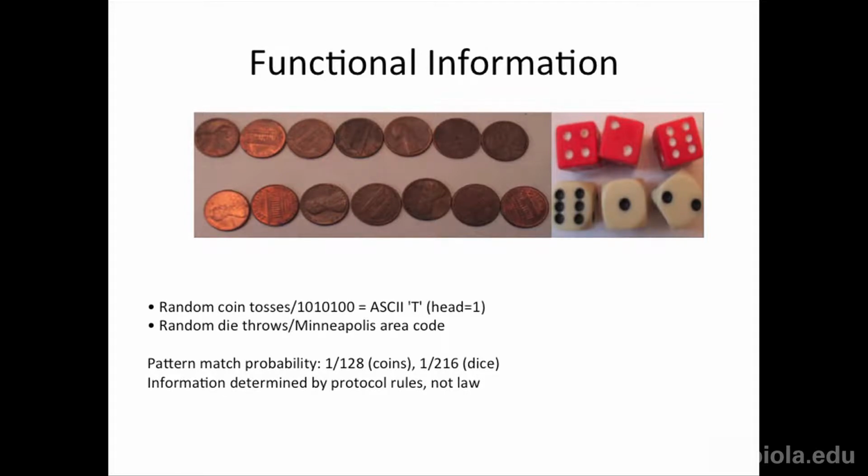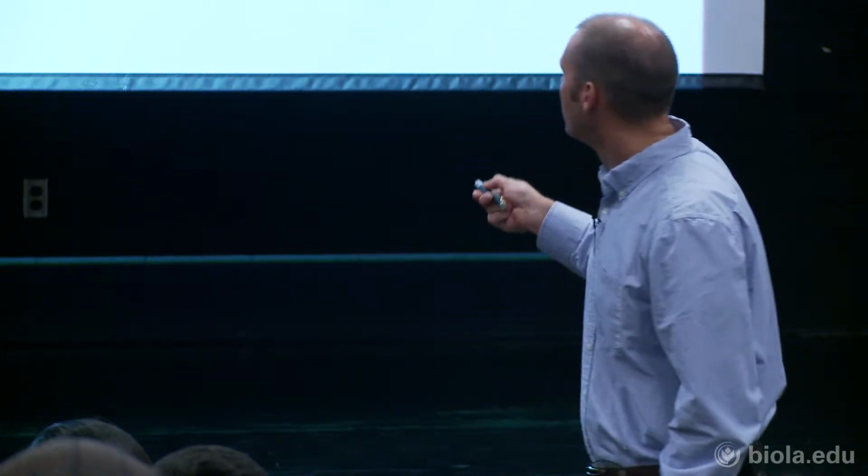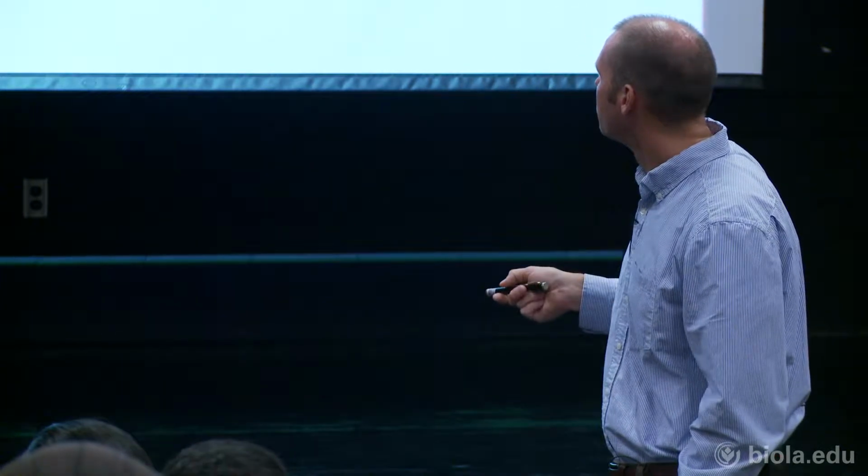That code's for T, right? 1010100 in digital code means the letter T, okay? So these 7-digit packages are what code for alphabetical language in the ASCII code, right? This has now become functional information. It's no longer just Shannon information because we now have a code and it's turning into something else, right?